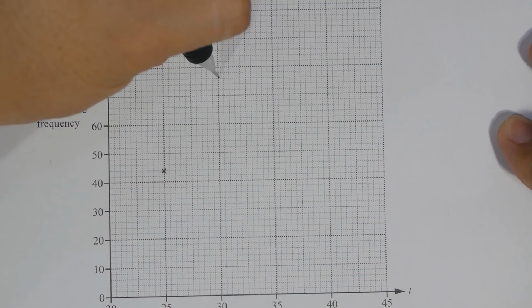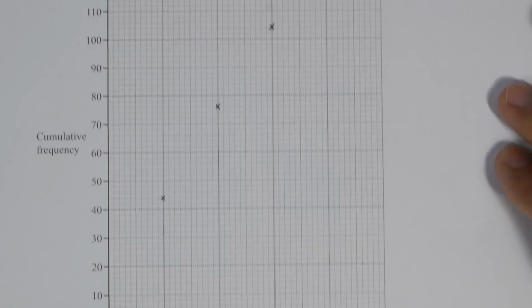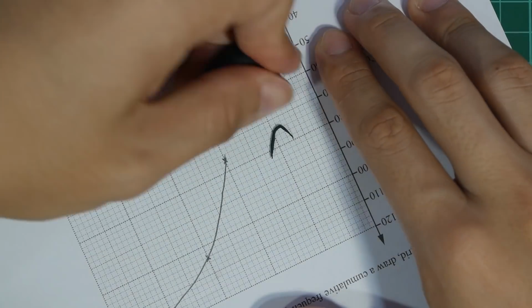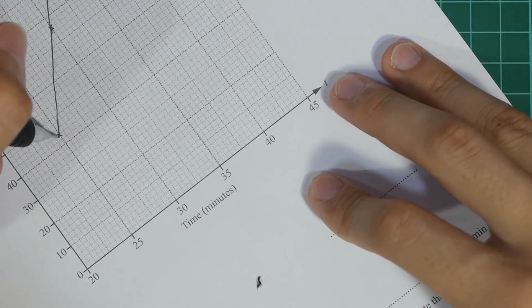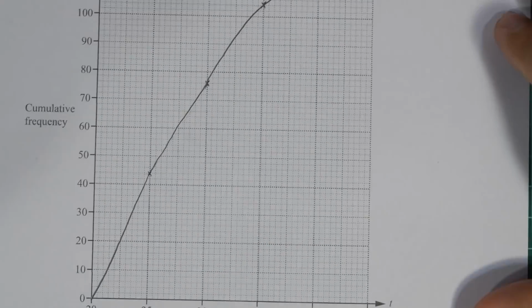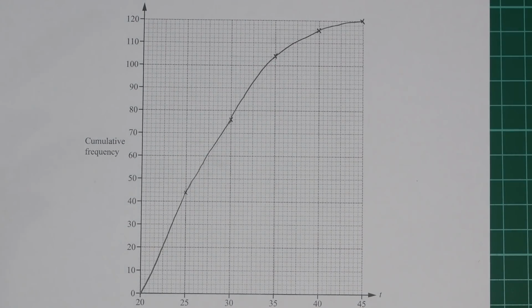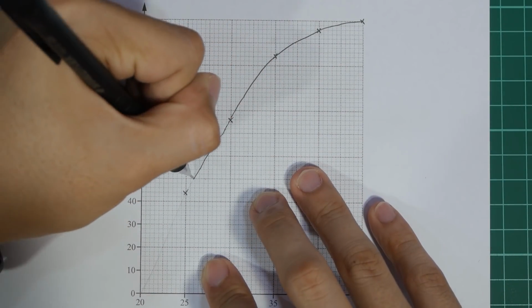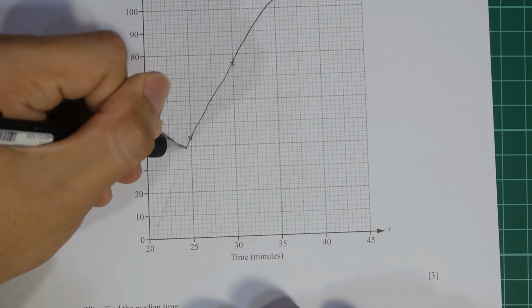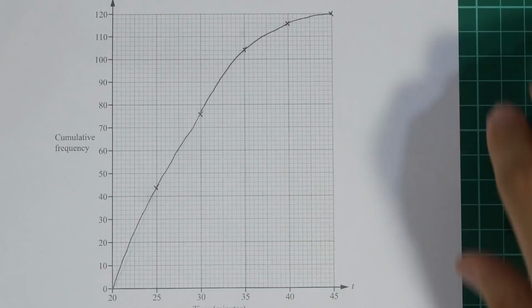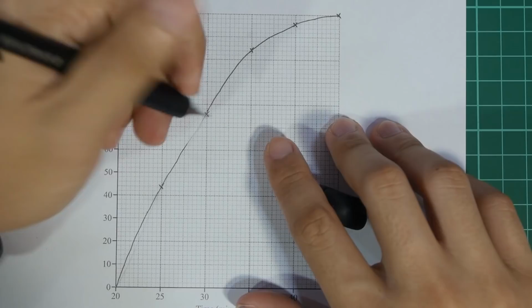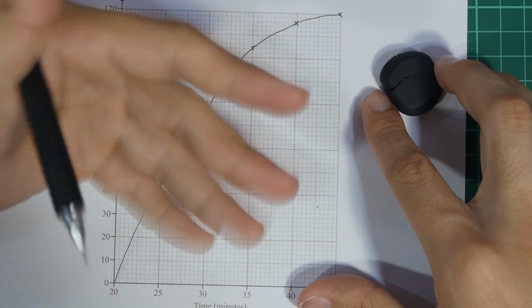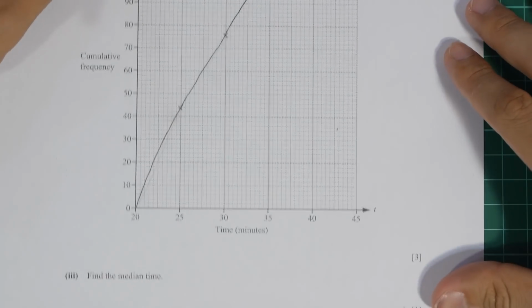With the cumulative frequency that you have gotten, all you need to do now is to draw out the graph. So it is as shown above.